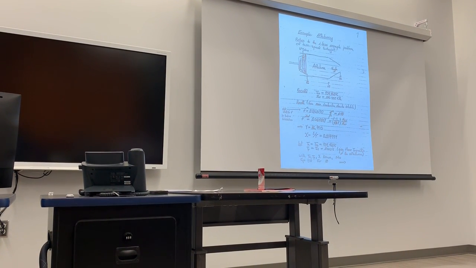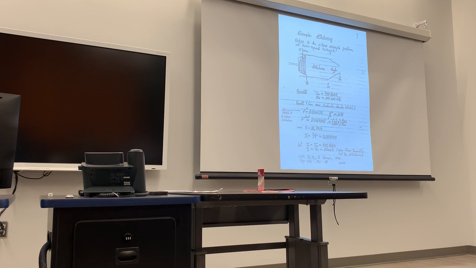Afterburner example problem. The numbers that you get here will represent a benchmark that you should match before you attempt to actually do the homework 7 assignment. You should make sure your program is working. And what we're going to do is the exact same turbojet problem.